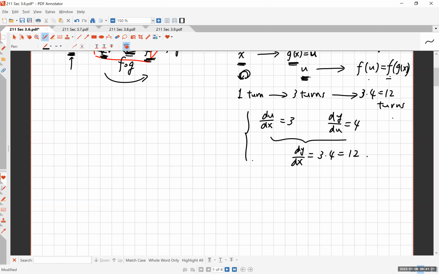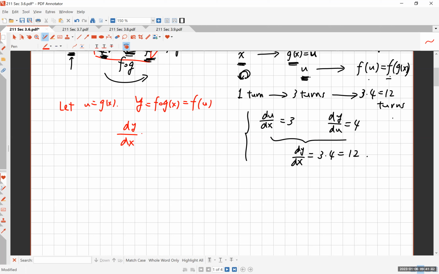This part illustrates the chain rule written in sort of a weird way, right? dy dx. So what we said is let u be g of x. And so y is f of g of x, which is f of u, right?